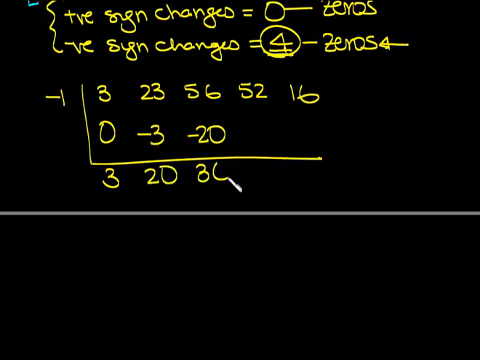So we get 36. -1 times that is -36. So we get 16. And -1 times 16 is -16. Wow, that was good. We found 1 zero right away. In this case we lucked out and we found 1 zero right away.